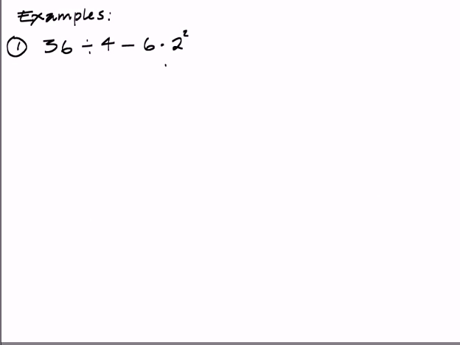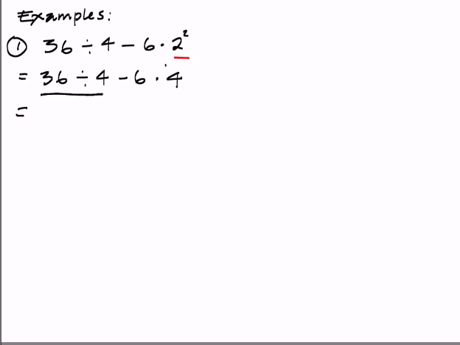The first one starts off kind of nice here. We've got division, subtraction, multiplication, and an exponent. So what's going to come first of those? Yeah, the exponent. So we'll do that first. And I'm just going to put everything else that I haven't underlined times, and what is 2 squared? That is 4. Okay, so now what are we going to do next? We've got division, multiplication, and subtraction.